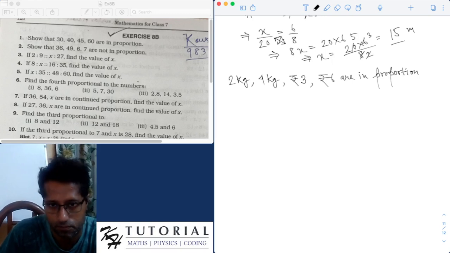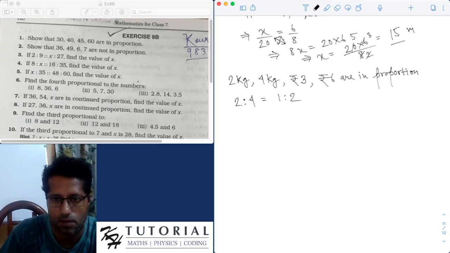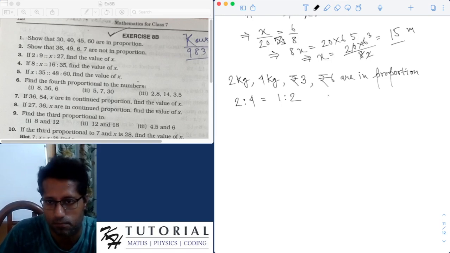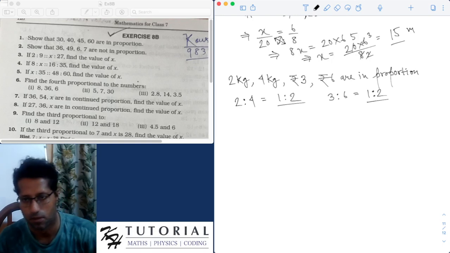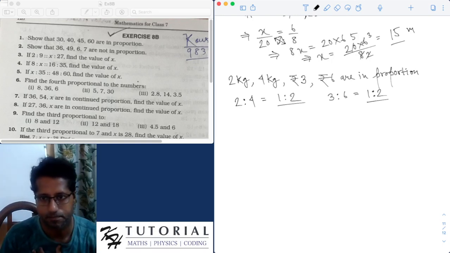We can clearly see that the ratio of the first 2 terms is 2:4, which equals 1:2, and the ratio of the third and fourth quantity, that is rupees 3 and rupees 6, is 3:6. This equals 1:2, and these 2 are equal. So they are in proportion.